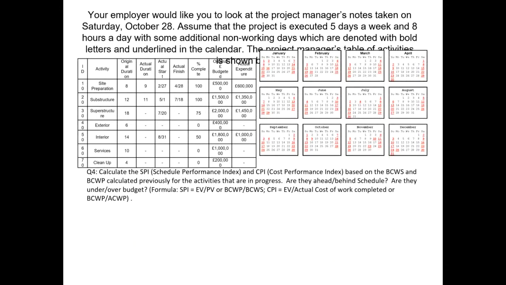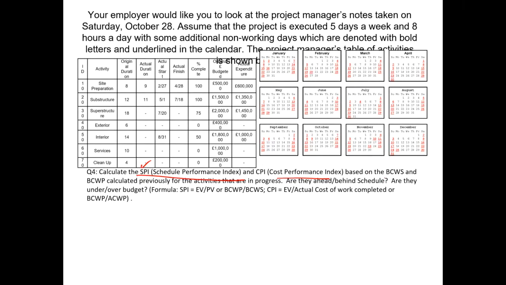Thirdly, the manager is asking us to calculate the schedule performance index and the cost performance index, which basically tells us how we are performing in terms of schedule. Are we ahead of schedule or behind schedule?